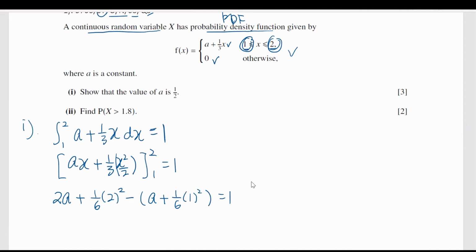Now we calculate: 2a minus a is just a. 4 over 6 minus 1 over 6 is 0.5.